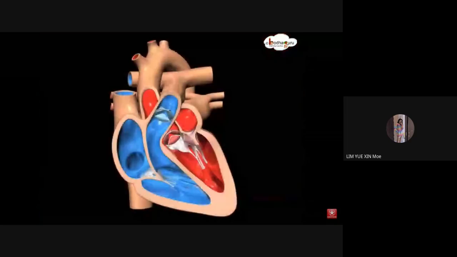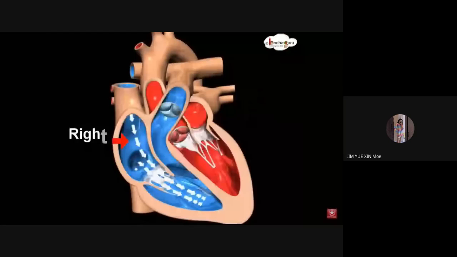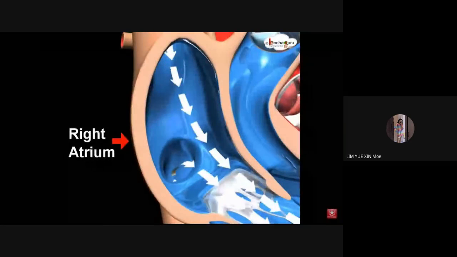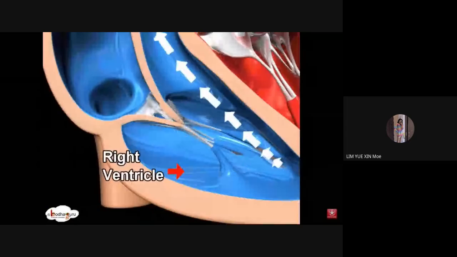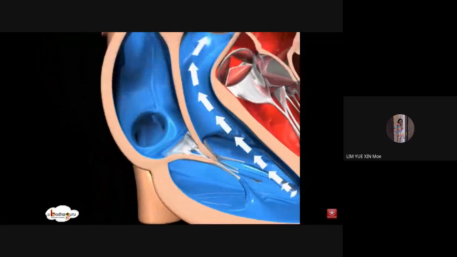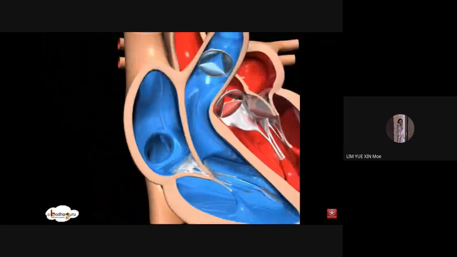The right upper atrium receives deoxygenated blood from the whole body, which is pumped into the right ventricle below, and it sends the blood to the lungs for oxygenation via the pulmonary artery.